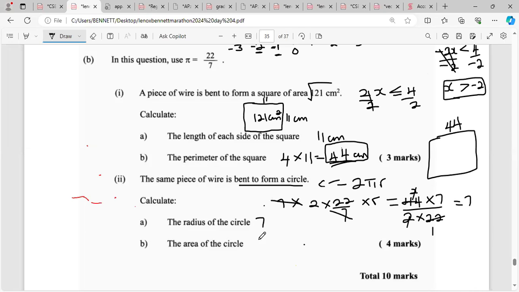Sir, the way I did it looked easier, sir. Look at what I sent you, sir. Alright, what may I say then? We know the circumference is 44, right? Yes, sir.